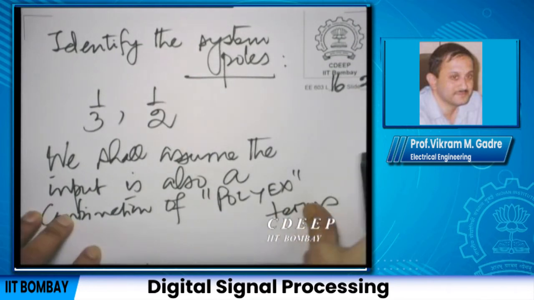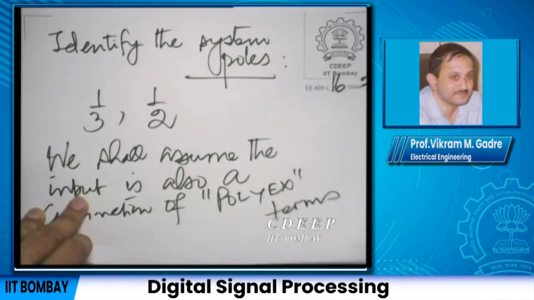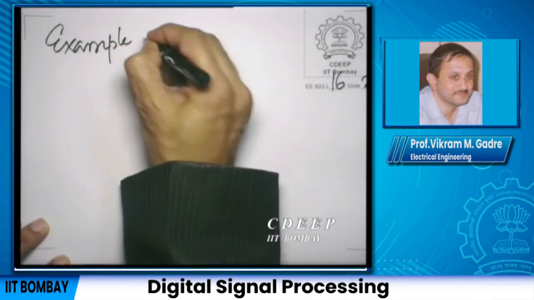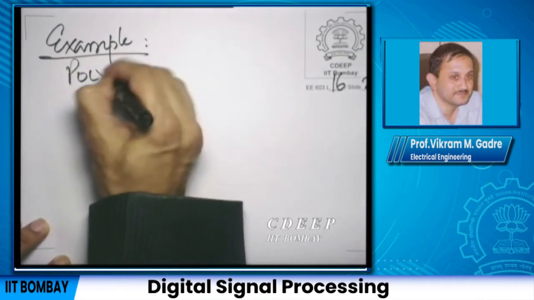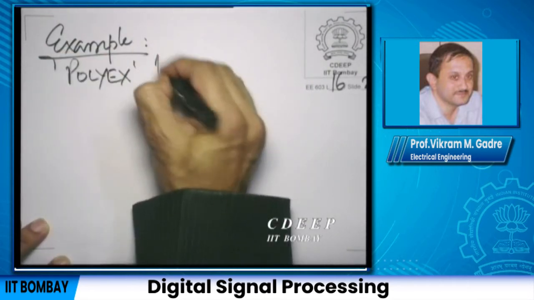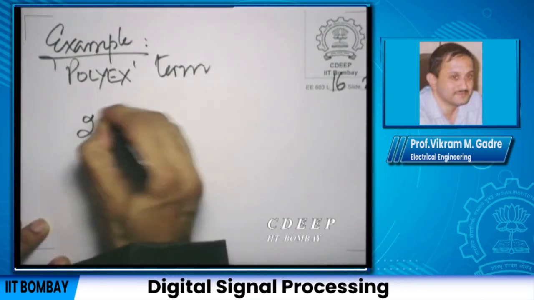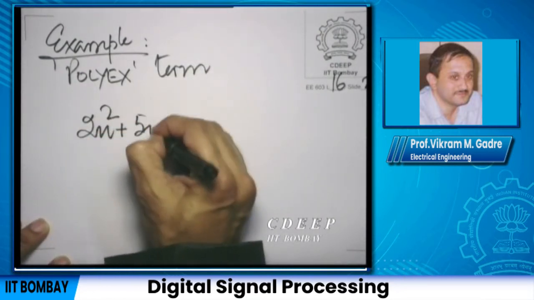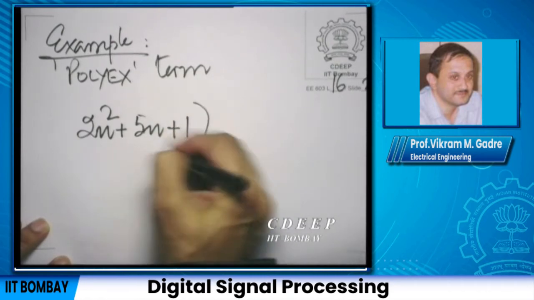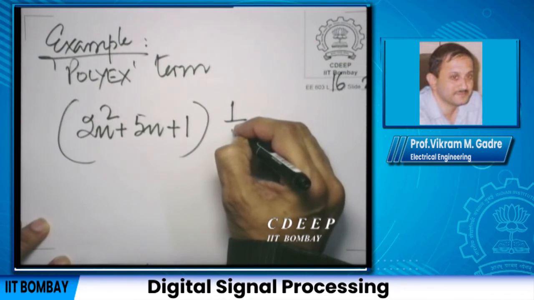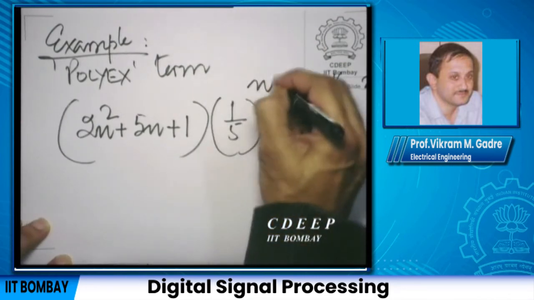So, for example, you could take the poly x term, example of a poly x term: n squared plus 5n plus 1 multiplied by, say, 1/5 raised to the power of n.